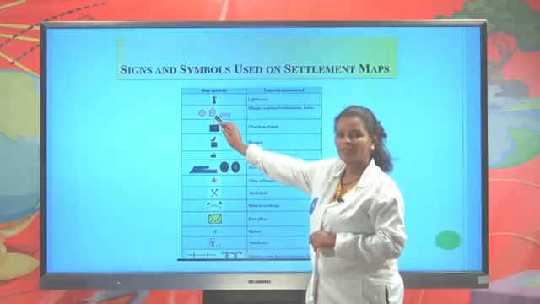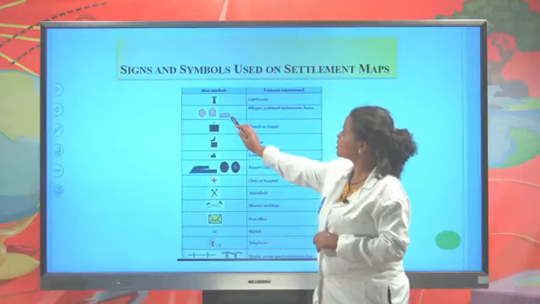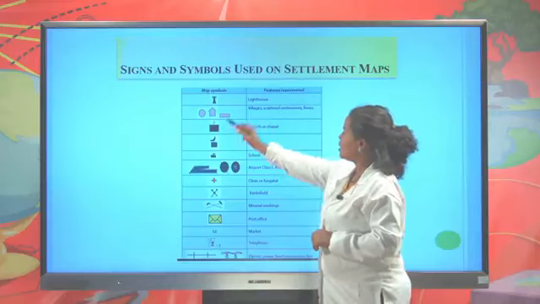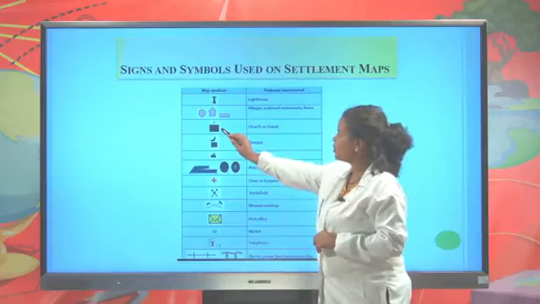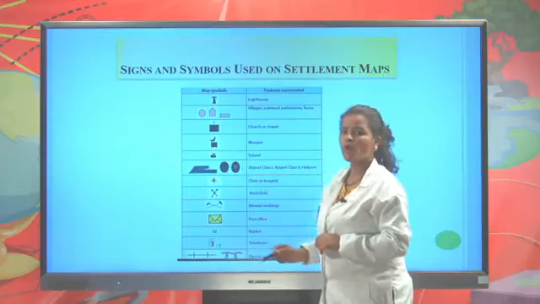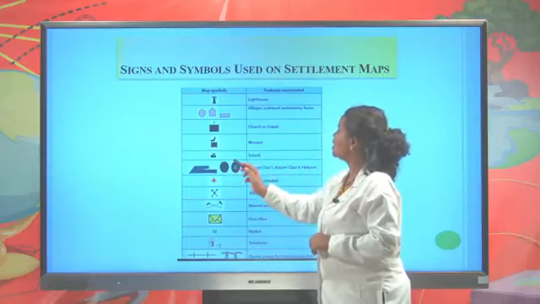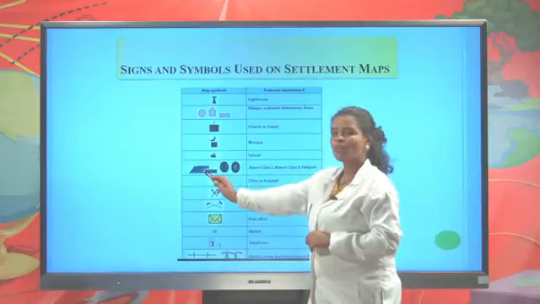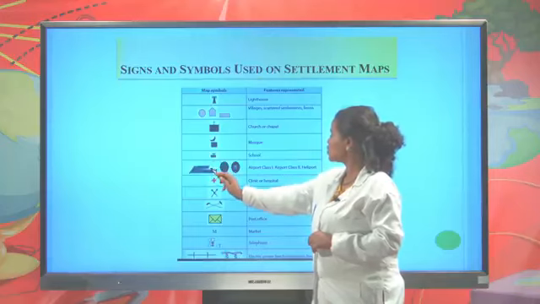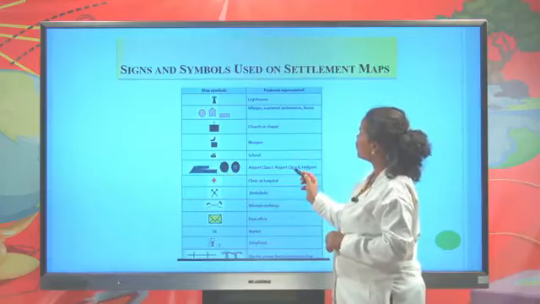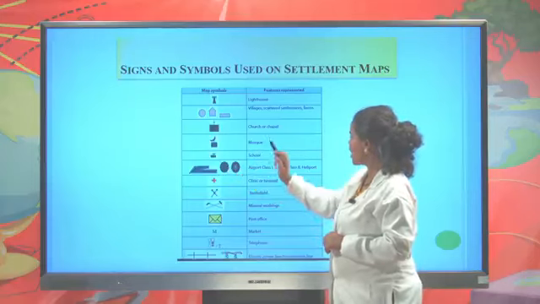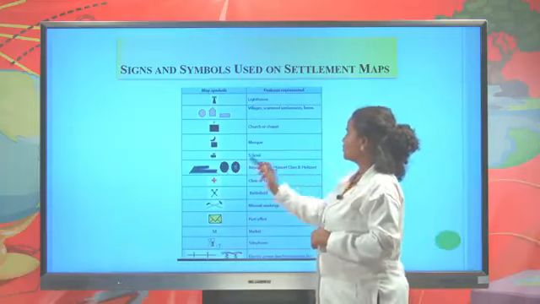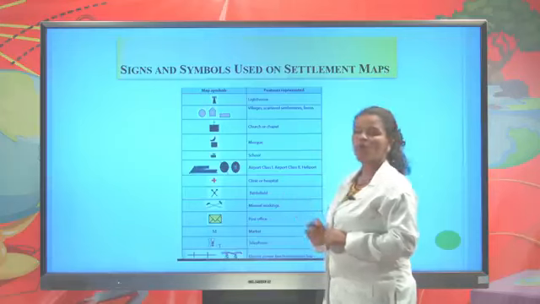Scattered settlement is represented by this symbol, and this one shows farmland. Church is represented by this symbol. This is the symbol of a mosque, and a school is represented by this symbol. This symbol represents airport class 1, airport class 2 is represented by this symbol, and heliport by this symbol. This symbol represents clinic or hospital.